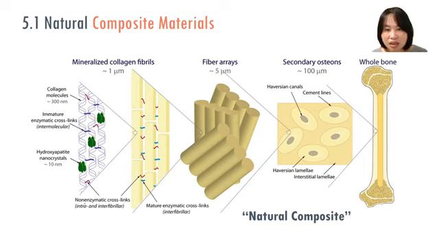With these Haversian lamellae, if we zoom in, we will see fiber arrays of around 5 micrometers. And this fiber array, if we zoom in again, we can see that the fiber comes from mineralized collagen fibrils. The scale is around 1 micrometer.